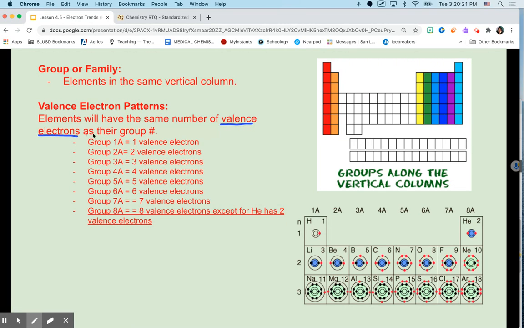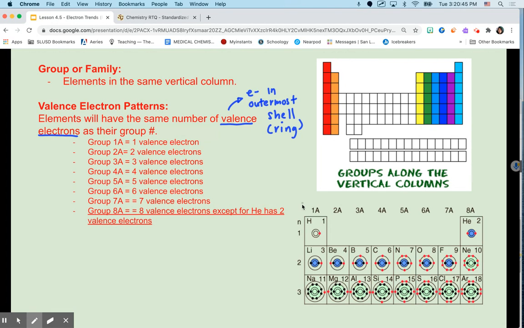So if you've forgotten that, go ahead and add to your notes that when I say valence electrons, I'm talking about electrons in the outermost shell. And if you don't remember what a shell is, I'm talking about the rings. So let's go over this.